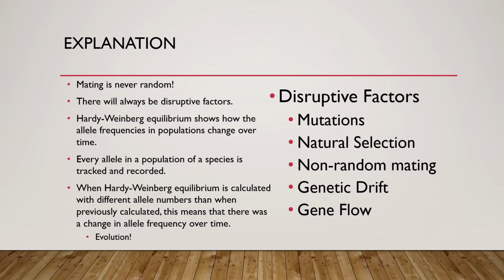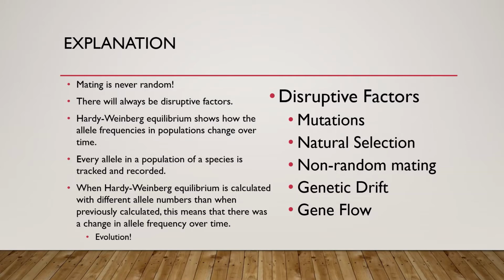You need to have every allele in the population tracked and recorded, then you do your Hardy-Weinberg calculations, and then you wait a generational cycle of whatever species you're studying, and then you do the Hardy-Weinberg calculations again. When the calculation gives different allele numbers than when previously calculated, this means that there was a change in allele frequency over time, or evolution.